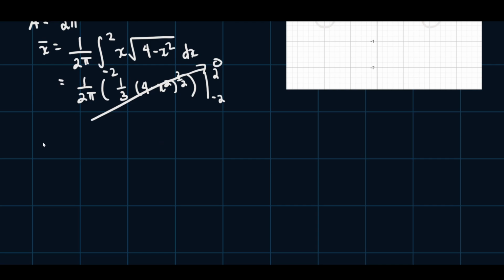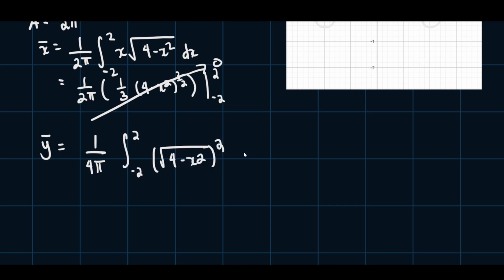Next, we can get the y-coordinate of our center. That is 1 over twice the area, so 1 over 4 pi times the definite integral from negative 2 to 2 of square root of 4 minus x squared, all squared dx. This one is much simpler because the square root and the square cancel.